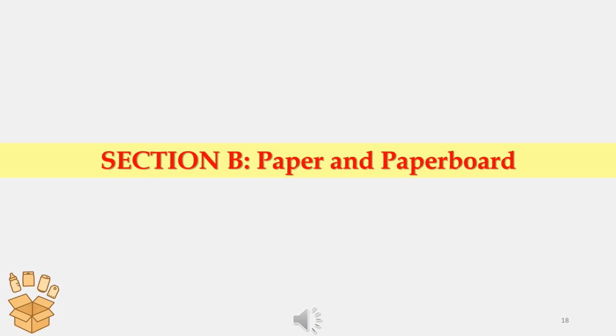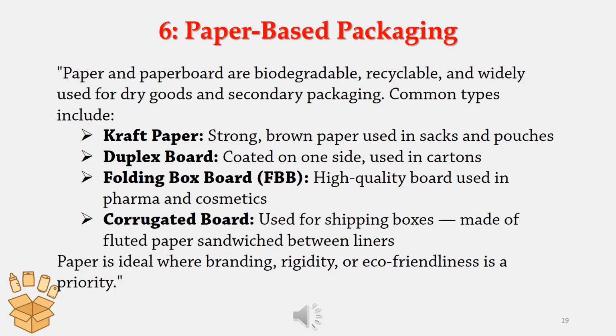Section B is about paper and paperboard. Paper-based packaging. Paper and paperboard are biodegradable, recyclable and widely used for dry goods and secondary packaging.